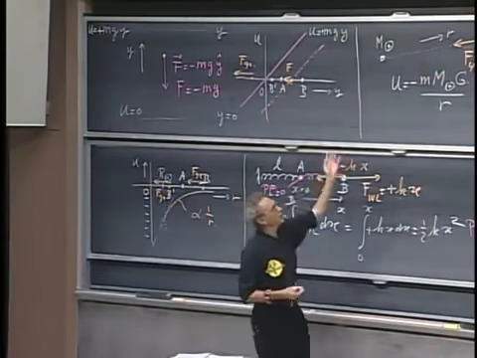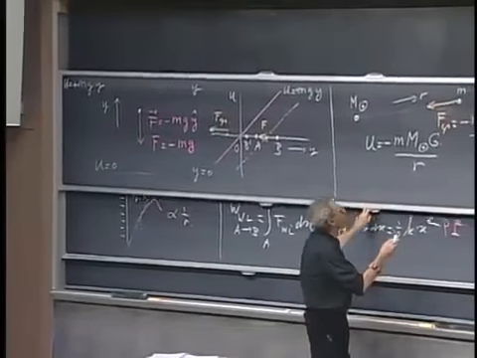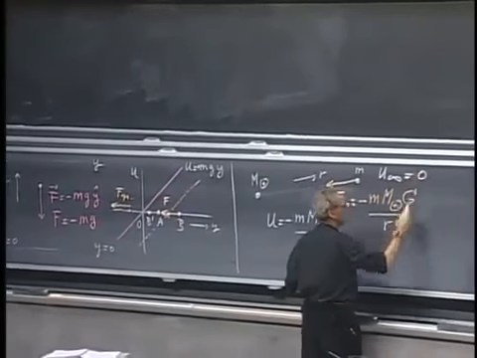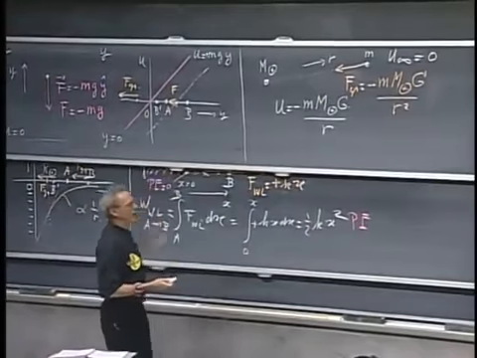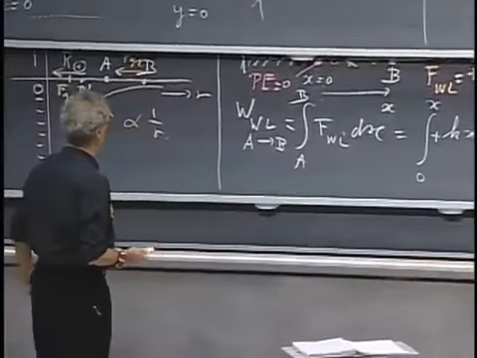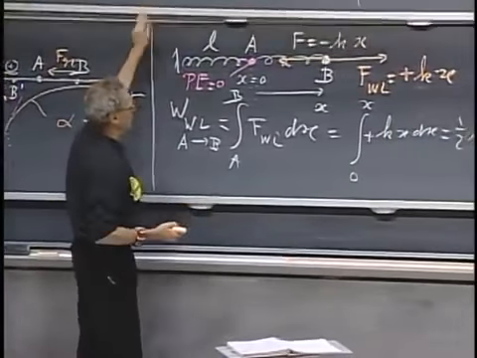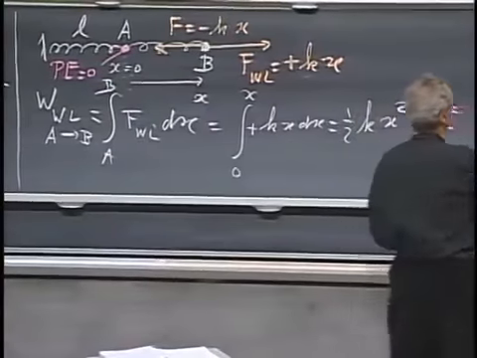In the case that we deal with very large distances, we do not have a choice anymore. We define it in such a way that the potential energy at infinity is 0. As a result, all potential energies are negative. And here, with the spring, you don't have a choice either. You choose potential energy to be 0 at x equals 0.